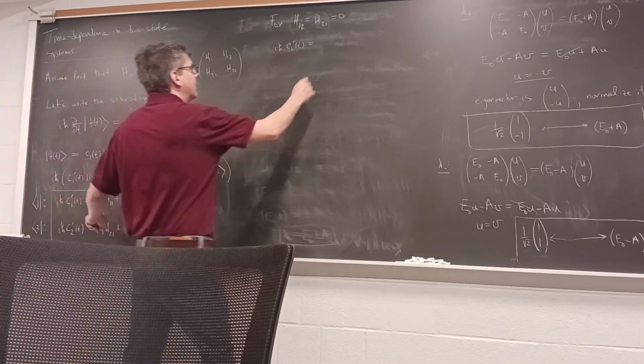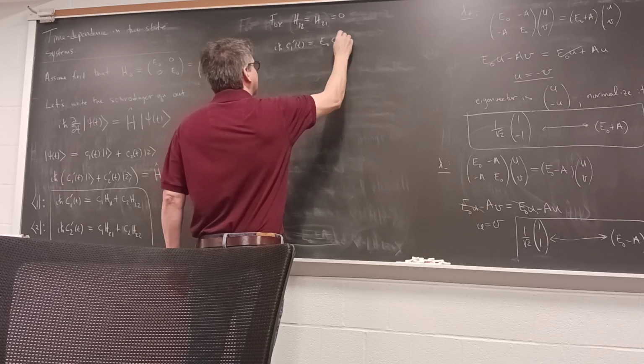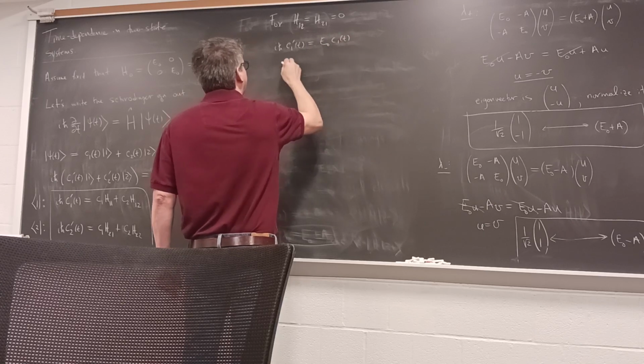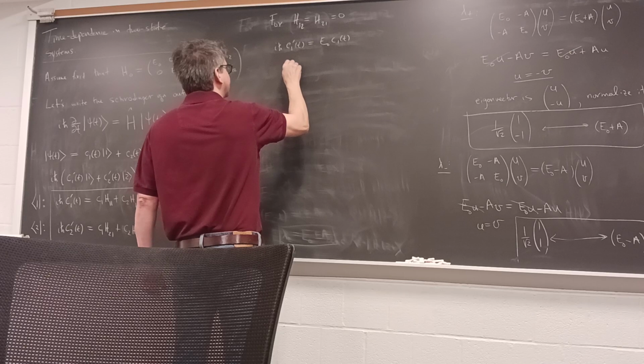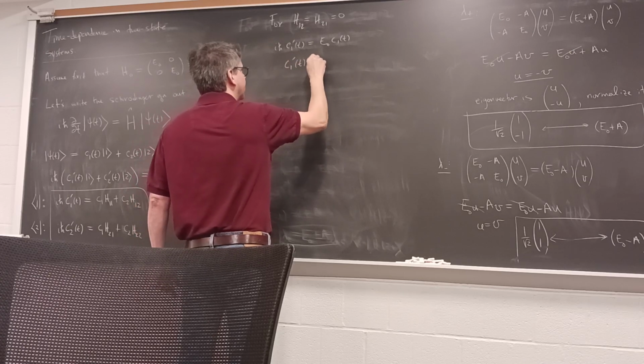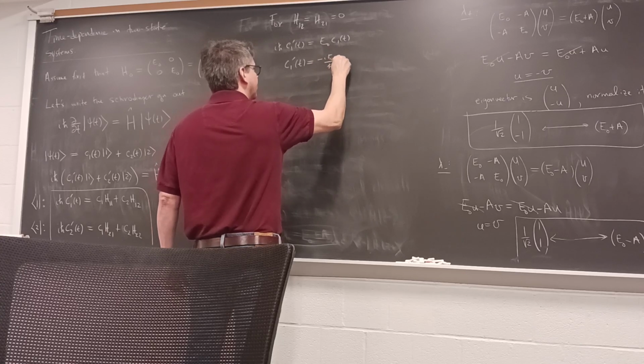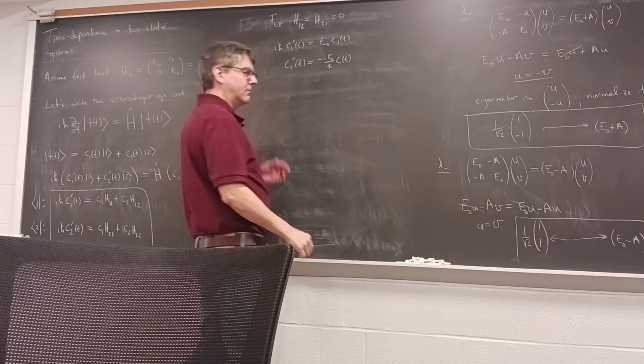So this will be E0 C1 of t. And so what's the solution to this equation? C1 prime of t is equal to minus i E0 over ħ C1 of t.